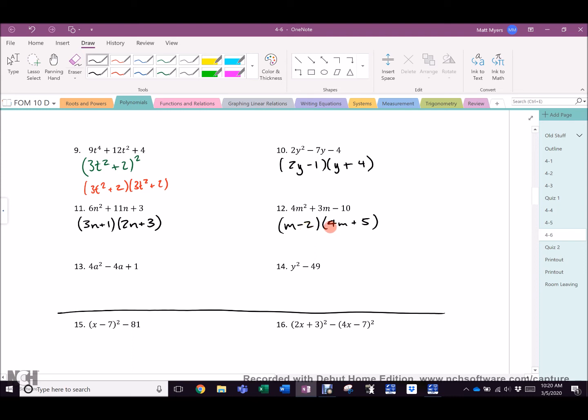No, I'm wrong. Plus 2 minus 5. This one is 2a minus 1 times 2a minus 1. And this one is y plus 7, y minus 7.